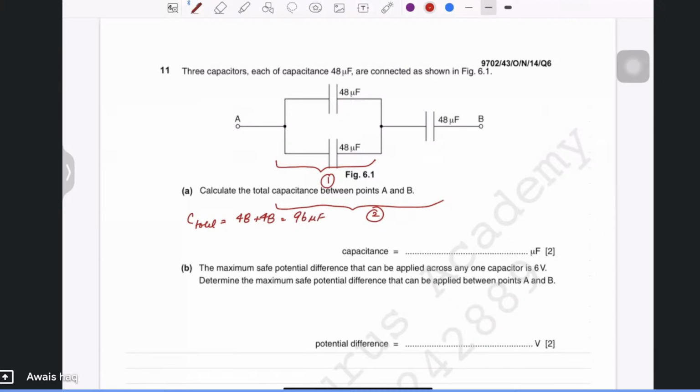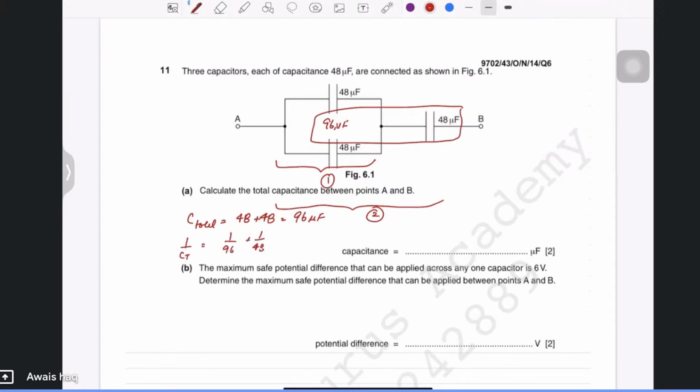And then this whole part has 96 microfarad, which is now in series with this, which means that we are going to do 1 upon C total equals 1 upon 96 plus 1 upon 48.